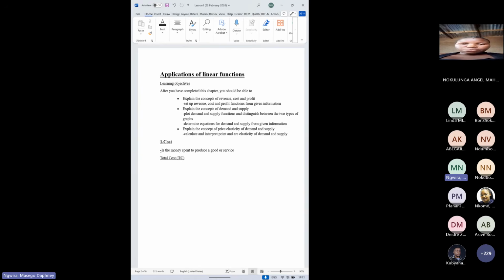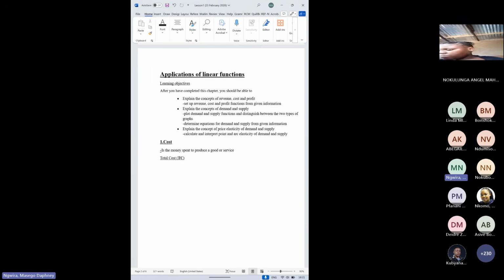Must explain the concepts of demand and supply, plot demand and supply functions, and distinguish between the two types of graphs, determine the equation for demand and supply for given information, and then explain the concept of price elasticity of demand and supply, and then calculate and interpret point and arc elasticity of demand and supply.